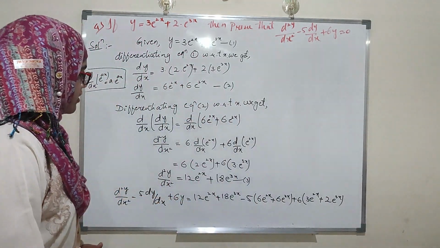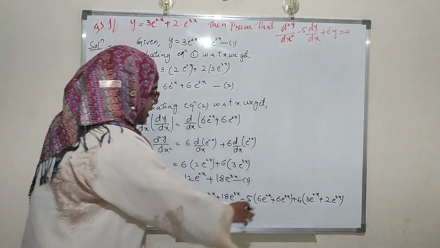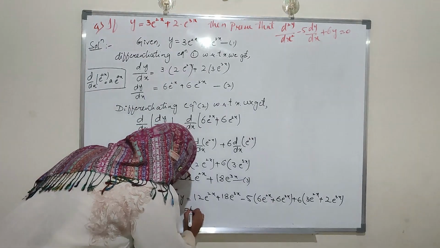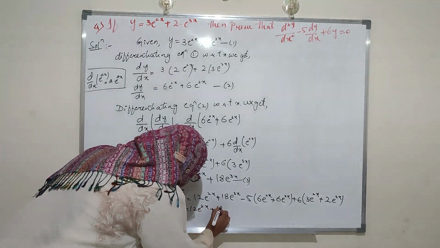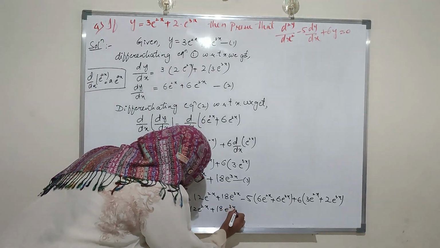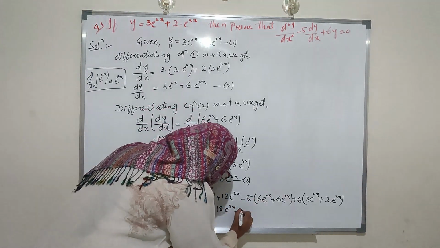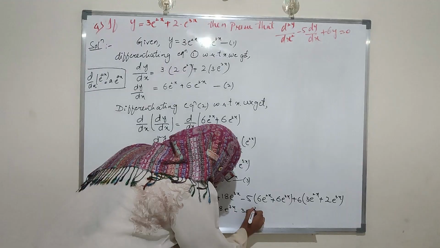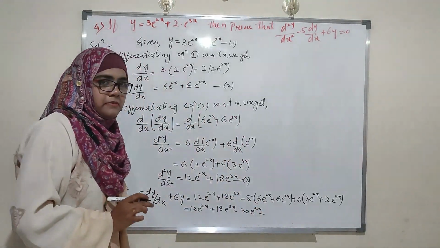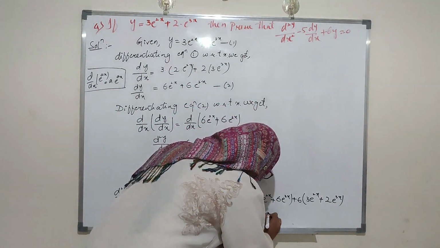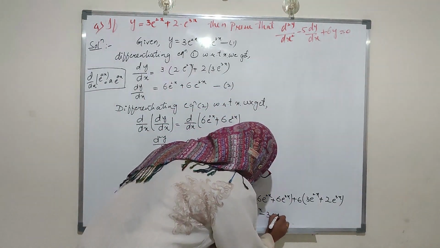Okay, now open this bracket. Then we will get 12e^(2x) plus 18e^(3x), minus 5 times 6 is 30e^(2x), minus 5 times 6 is 30e^(3x).